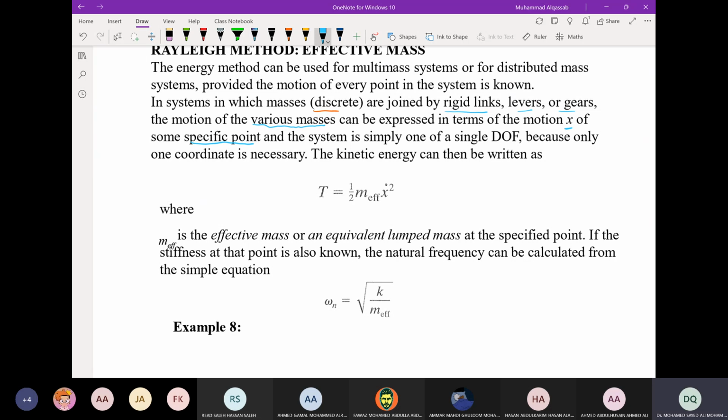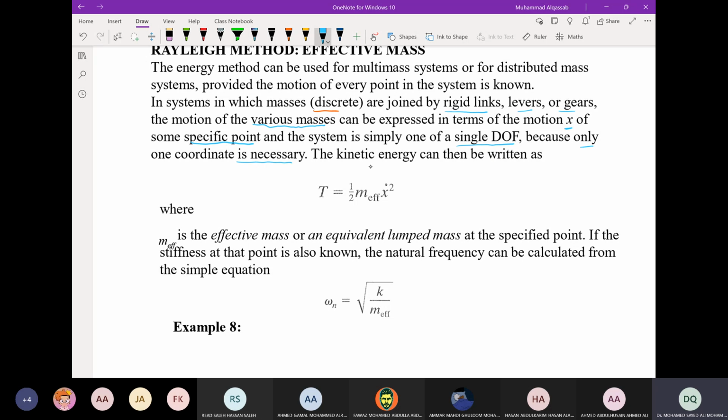If the question is to find the equivalent system at a specific point, that is the one you have to use. The system is simply a single degree of freedom system, because only one coordinate is necessary. All coordinates are dependent, so you just select one coordinate to be the main coordinate, and the rest will be replaced in terms of that coordinate.